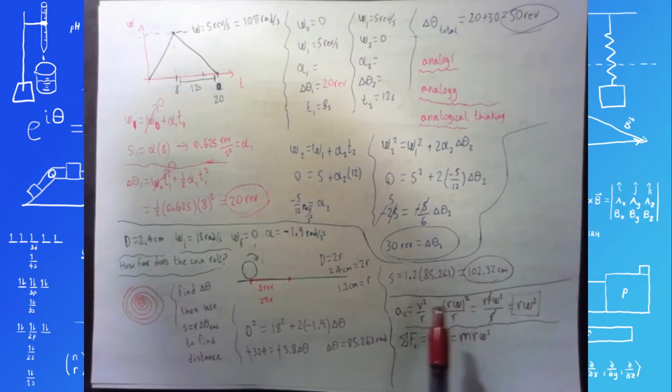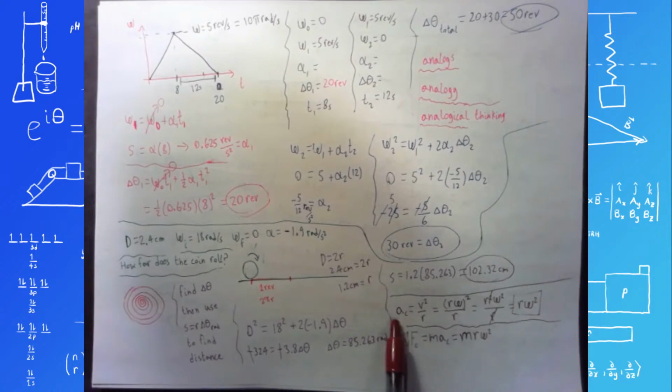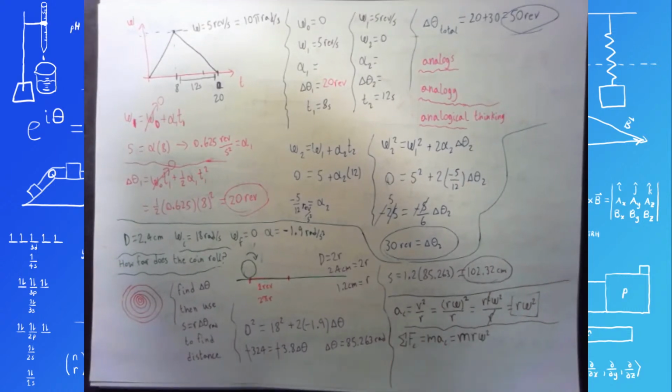But either way, the problem would also have to give you r to find the centripetal acceleration. So nothing super revolutionary going on here, just an alternative that might save you a single multiplication or division step.